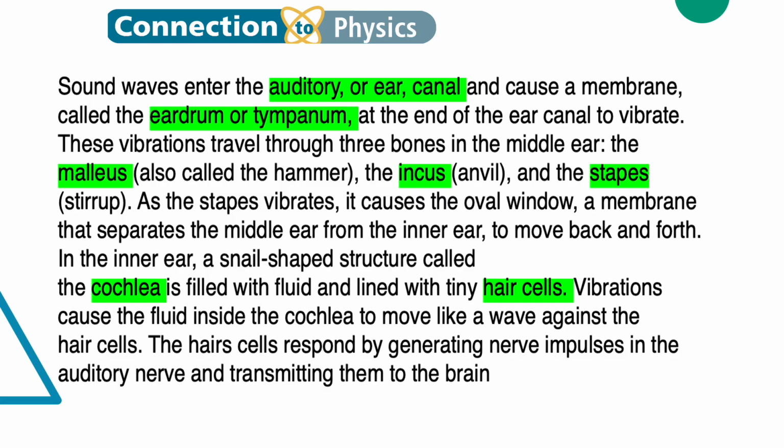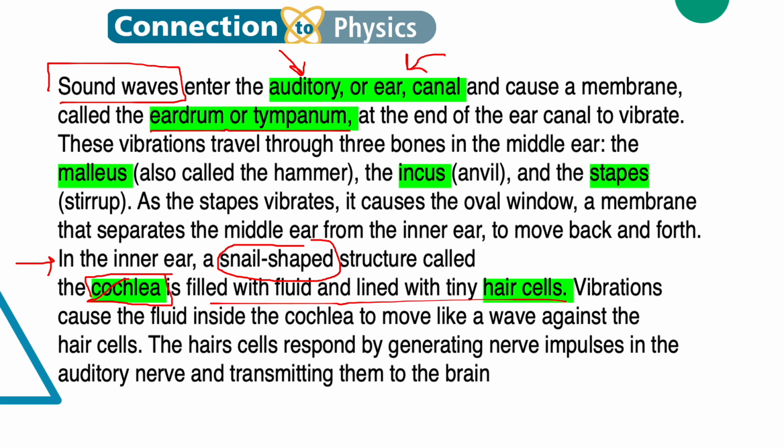In addition, what we studied before: sound waves enter your ear through the auditory canal or ear canal, and they hit the eardrum or the tympanum to produce the sound. But most important, you have to know that in your inner ear there is a snail shaped structure known as the cochlea, which is also one of the receptors in the ear, and it is fluid filled and lined with tiny hair cells.